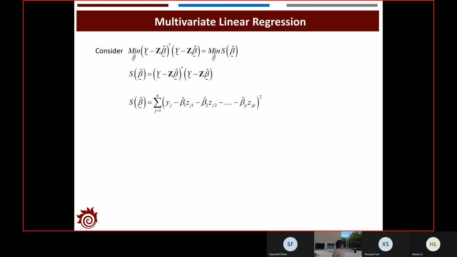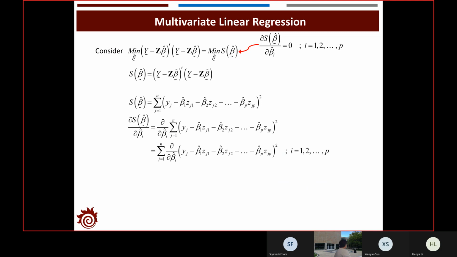Obviously, you can check the first order derivative for the beta for the estimator, and at the value of 0, you can find the optimal value of beta. So we need to find out how we're going to solve them for the p different equations.